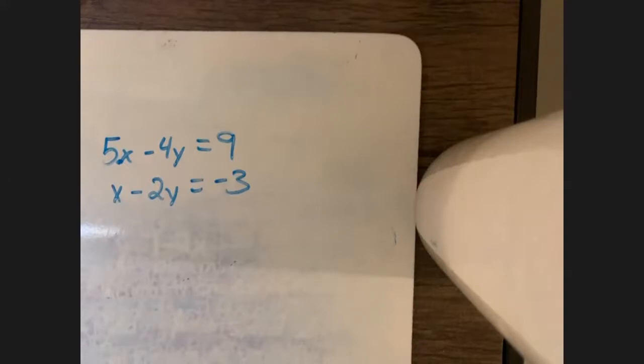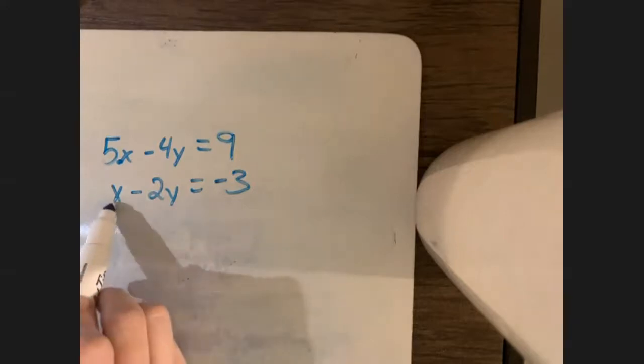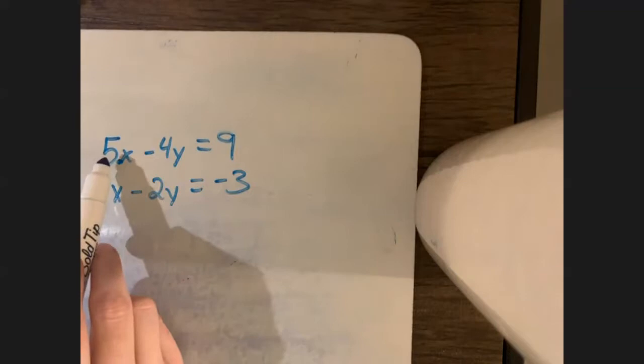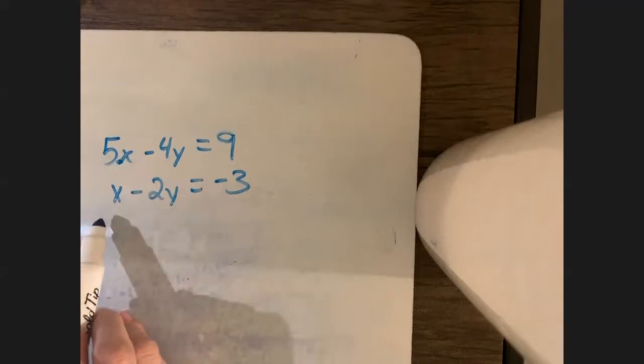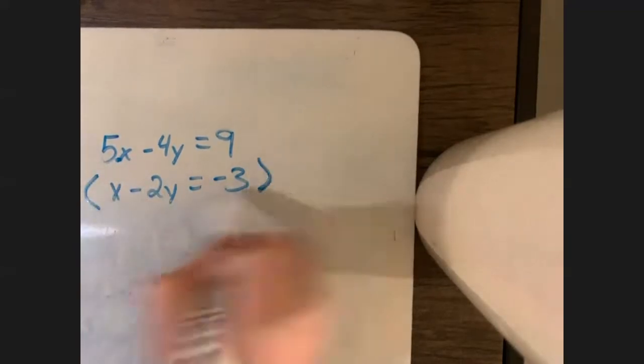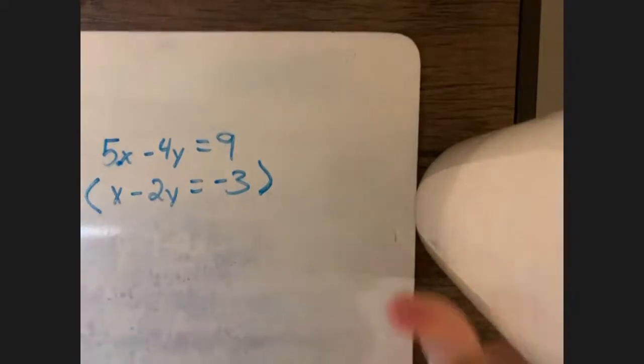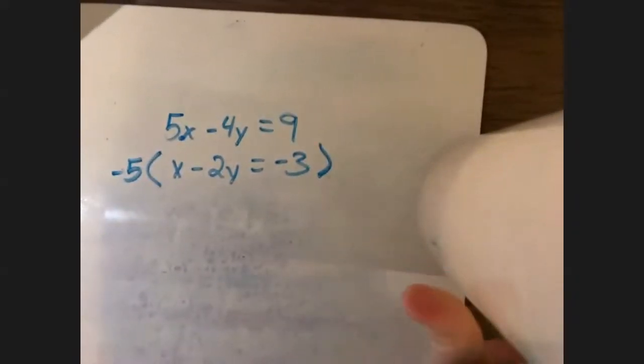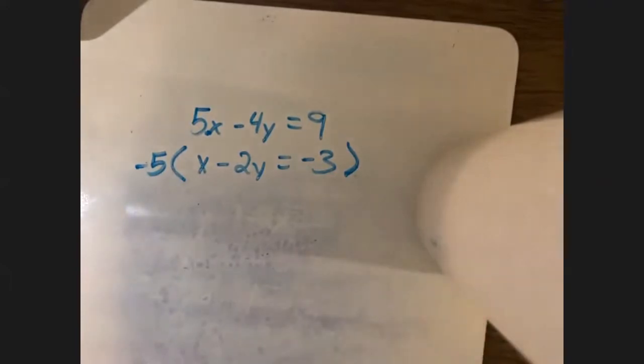There is more than one way to go about this problem, but the first thing I see is this plain x right here. I see 5x up here, and I need this to be negative 5x. I'm going to multiply that whole line by negative 5, and I've automatically got my matchup.